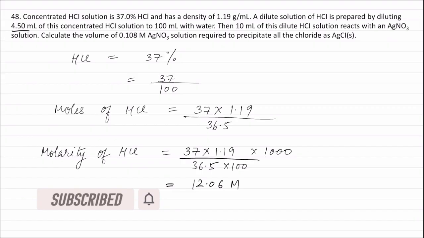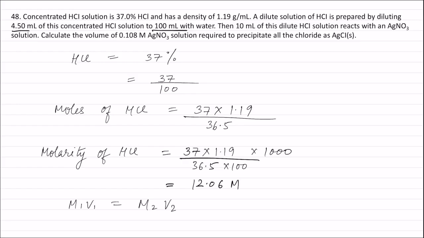Now this is the molarity of the given HCl solution. 4.5 ml of this solution is diluted with water, and the new solution has the volume 100 milliliter. Therefore, applying the formula M1V1 is equal to M2V2, we can get the molarity of the new solution.